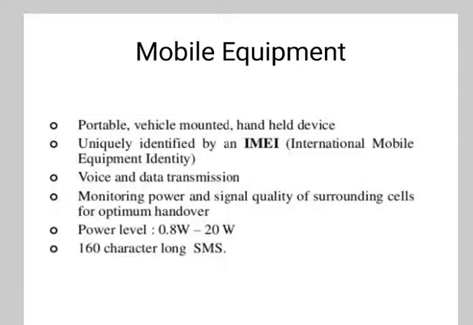So mobile equipments are portable, vehicle mounted, handheld devices uniquely identified by IMEI, that is International Mobile Equipment Identity. It handles voice and data transmission, monitoring power and signal quality of surrounding cells for optimum handover, power level 0.8 watt, 20 watt, and 160 character long SMS.